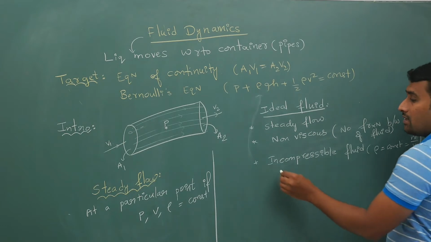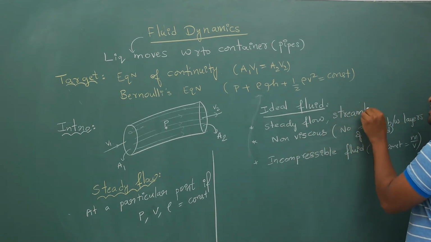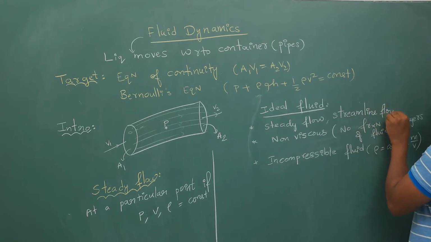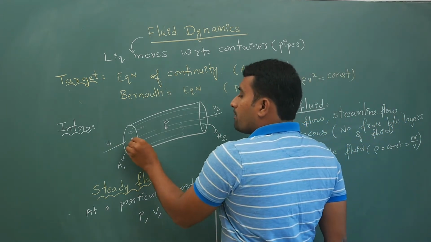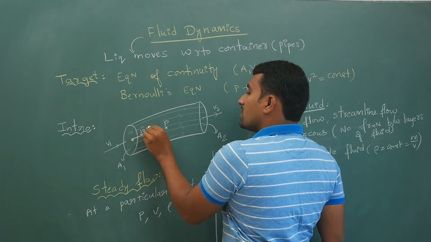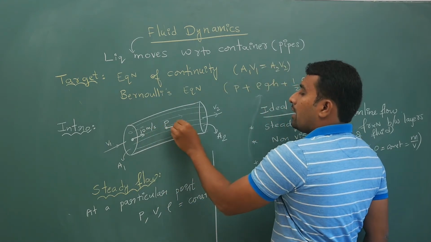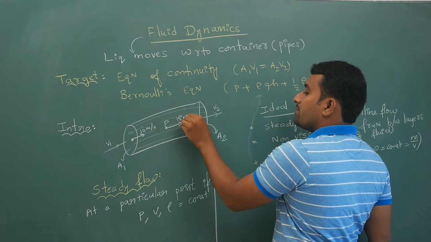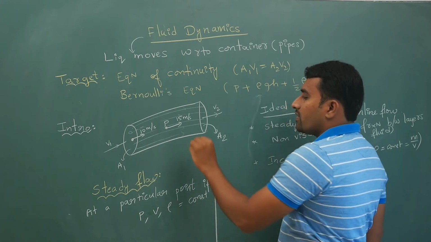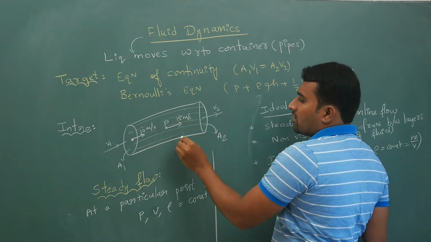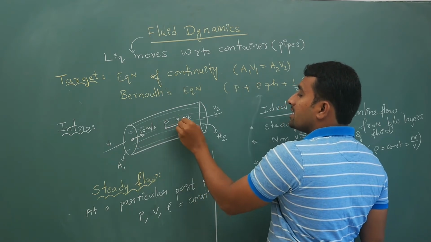Next, it is undergoing streamline flow as well. What does streamline flow mean? If the first particle entering from this end is coming with 10 meters per second, and when it comes here it is some other speed, when area is small velocity is more, and if area increases velocity will decrease, let us say it is 9.